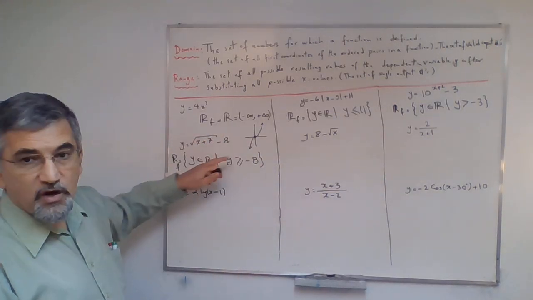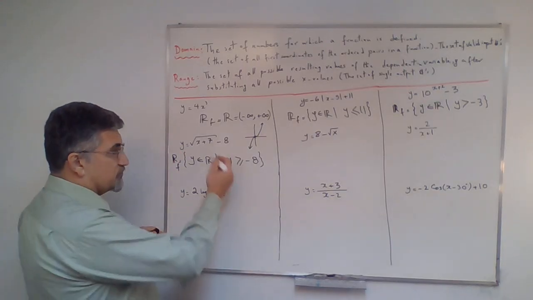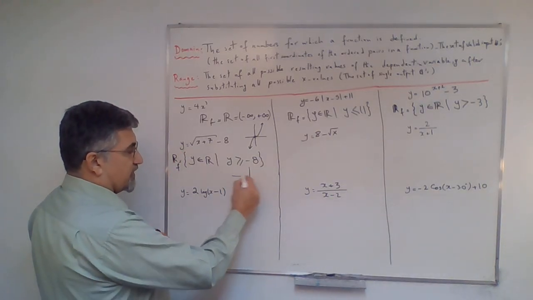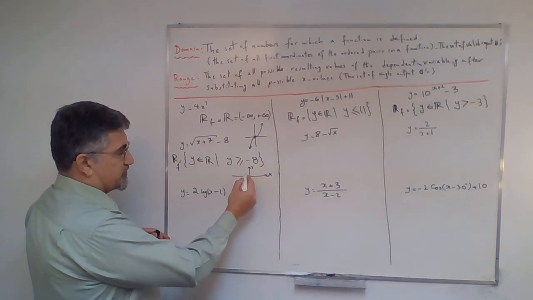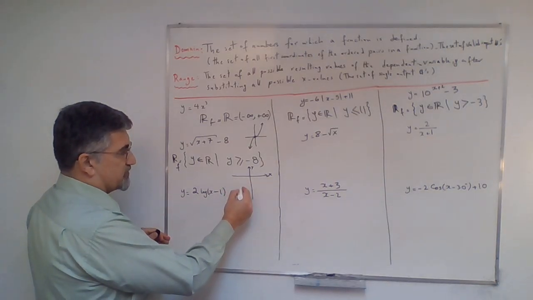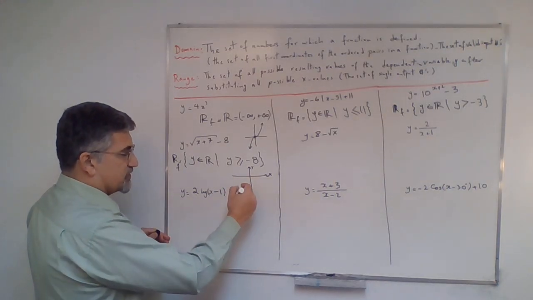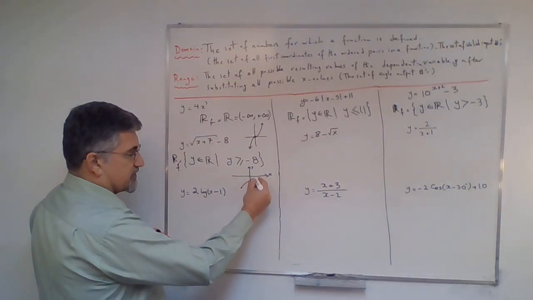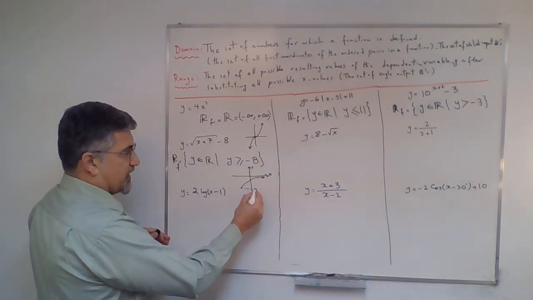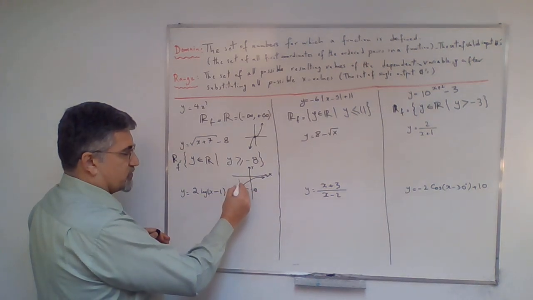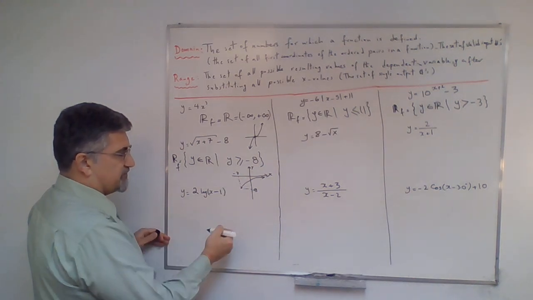Again, you have to know how the graph looks. If this is the x-axis and y-axis, the graph is horizontally shifted to the left by 7 units, and then 8 units down, so it looks something like this. Here, the lowest point is actually -8, which happens at x equals -7.